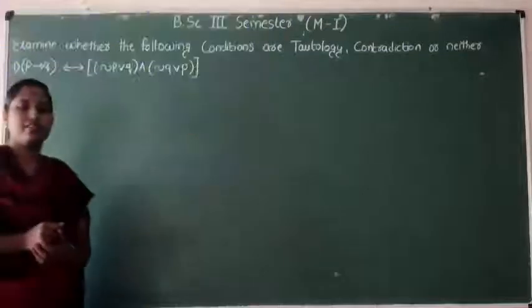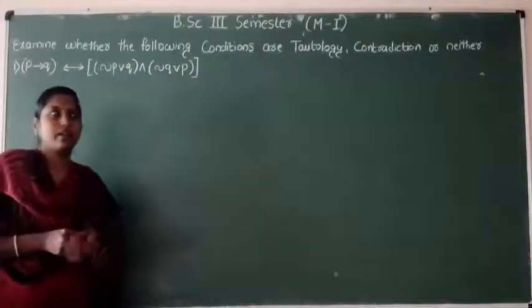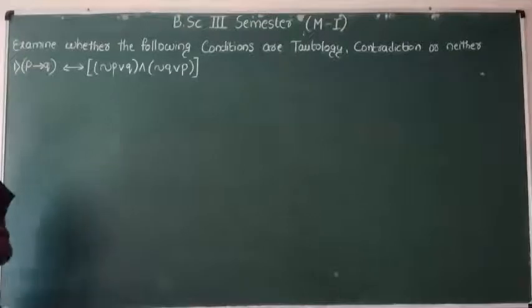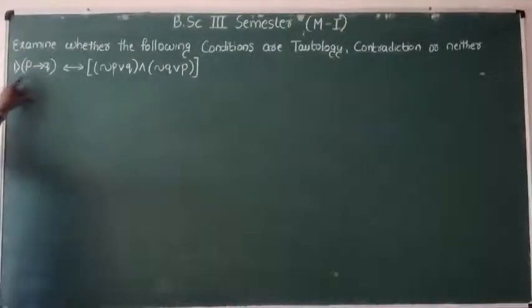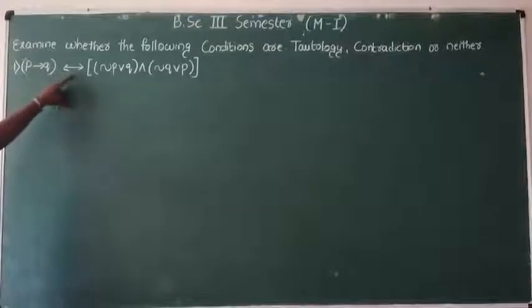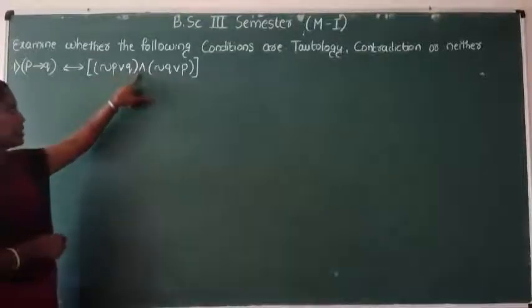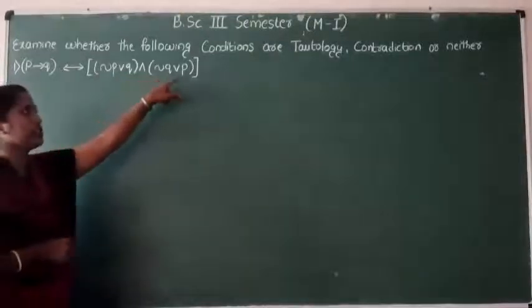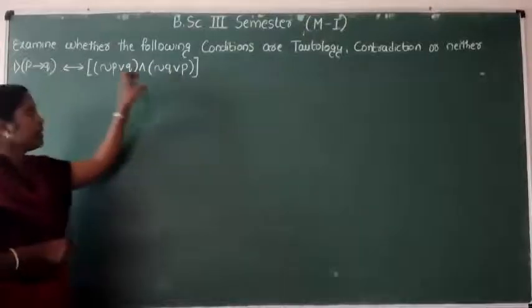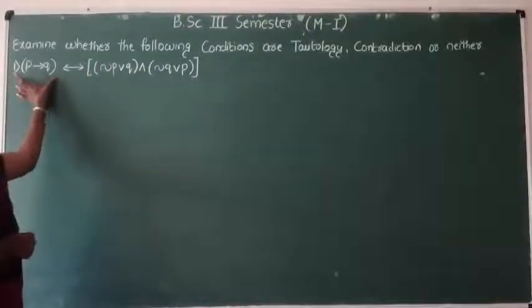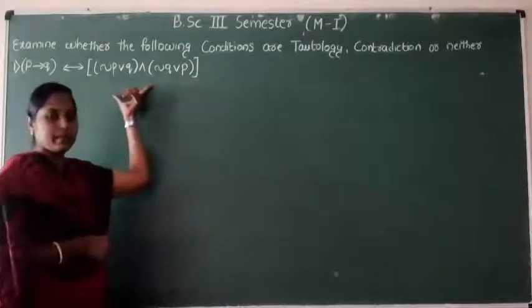Good morning everyone. Dear students, let us start with examples of tautology and contradiction. So here the given condition is P implies Q by conditional negation P or Q and negation Q or P. Here this one is A part and this whole section is B part.